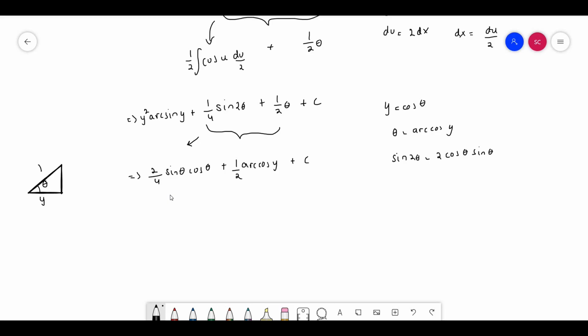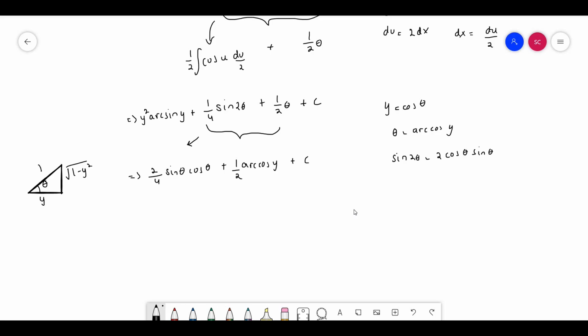For the same triangle, if we had to figure out what sine theta is, we just need this side, right? And we can use Pythagoras' theorem. We get 1 minus y squared, so sine theta is the square root of 1 minus y squared, right? Okay, so just plug these into this expression here.